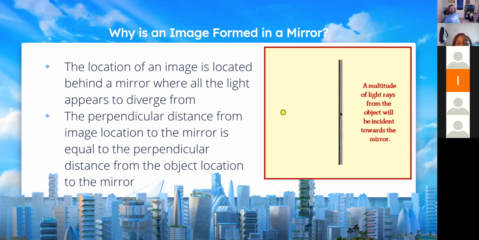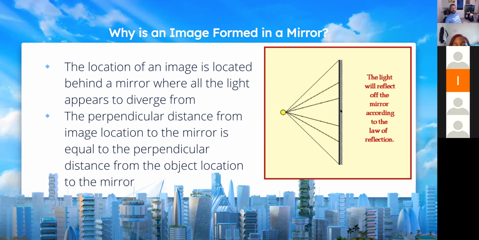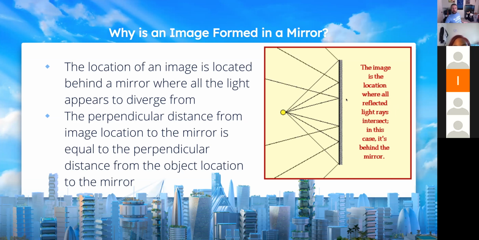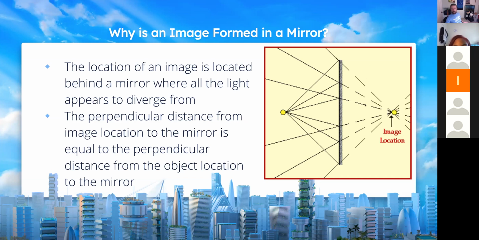But knowing the law of reflection, you know that the two angles are going to be equal. You know that this angle right here is going to be equal to this angle, which also tells you what this angle is. So this is all on a straight line.